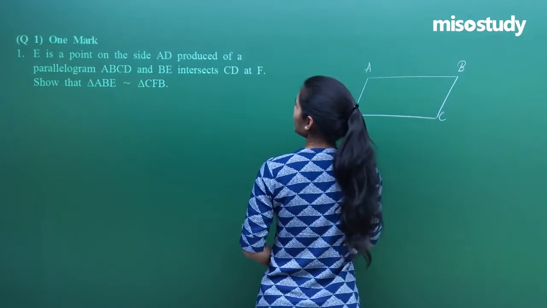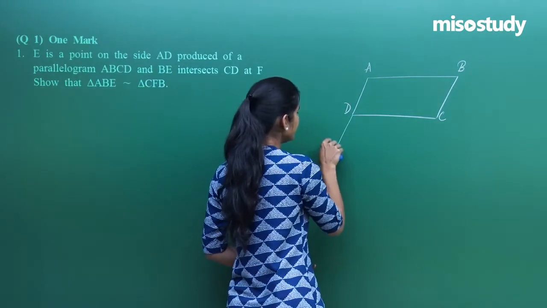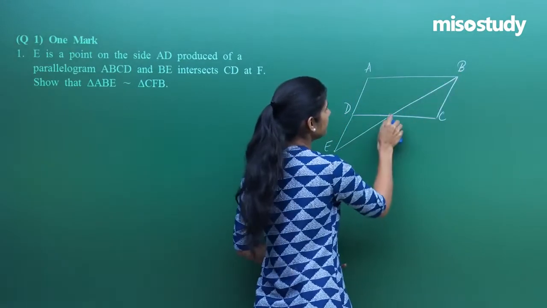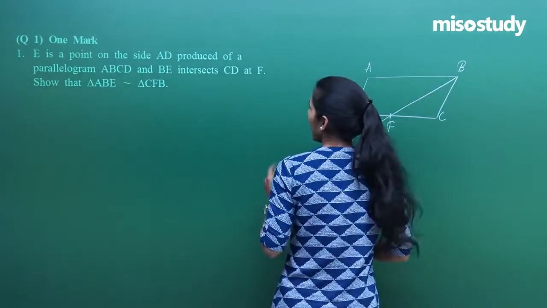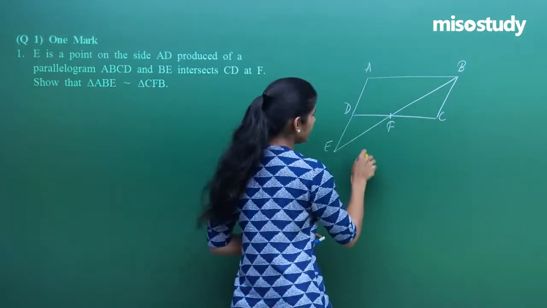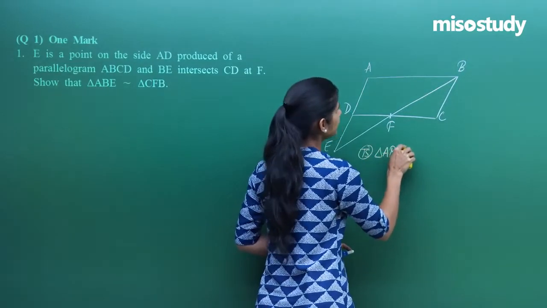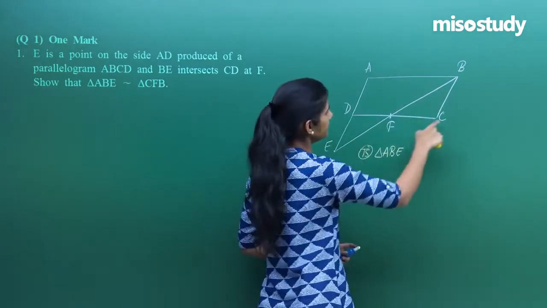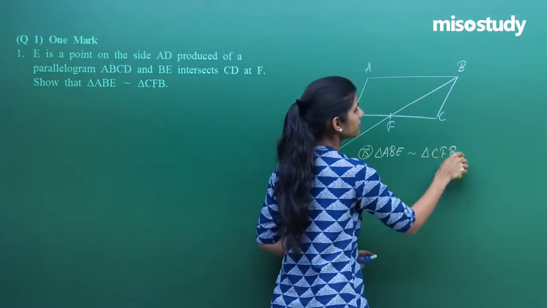It says that AD is produced till the point E and EB segment meets CD segment at F. I have to show triangle ABE, this bigger triangle, is similar to triangle CFB.